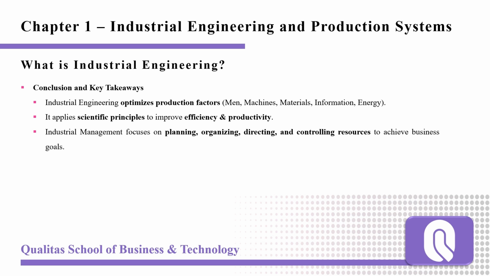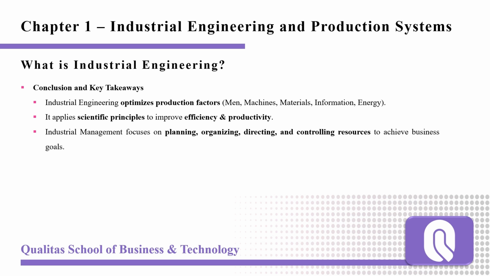What I find most exciting about our field is how these elements work together. I recently consulted for a food processing company where we could see the perfect marriage of engineering optimization and management principles. The engineering team optimized their production line using scientific principles, while the management team ensured that resources were properly allocated and that everyone was working toward the same goals.